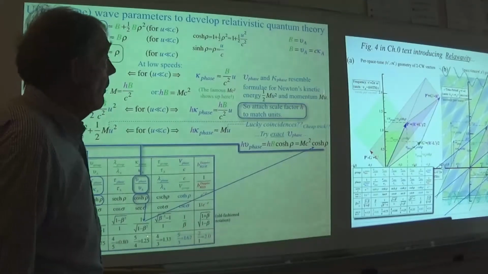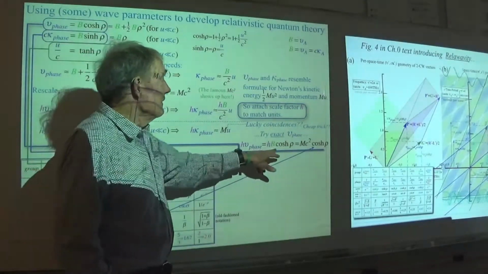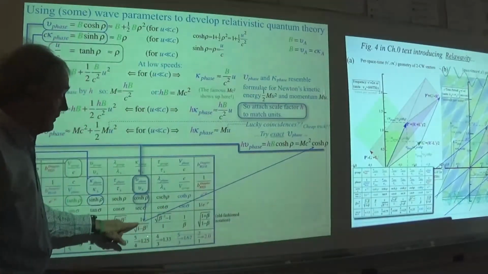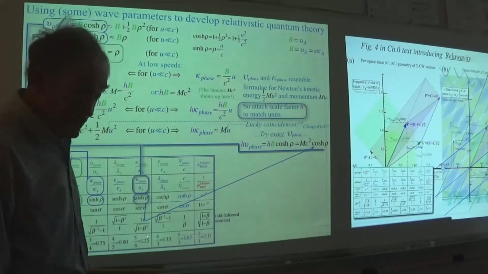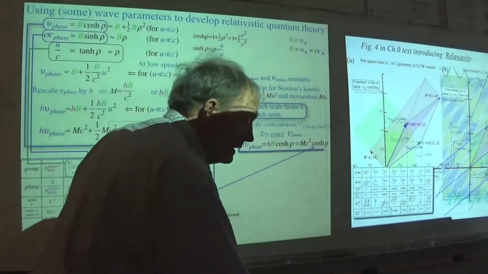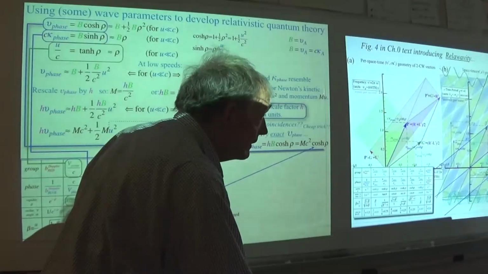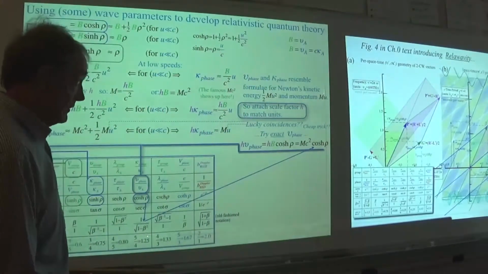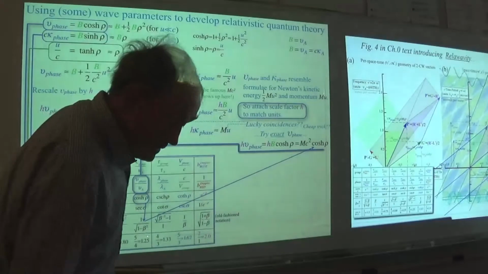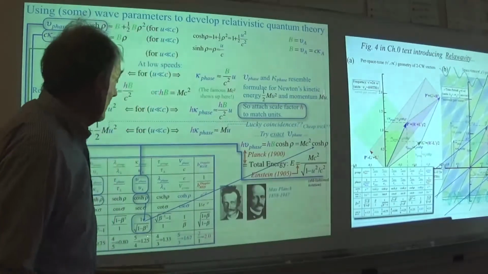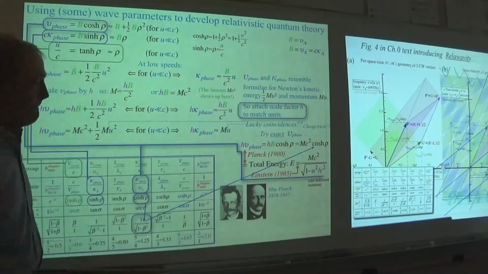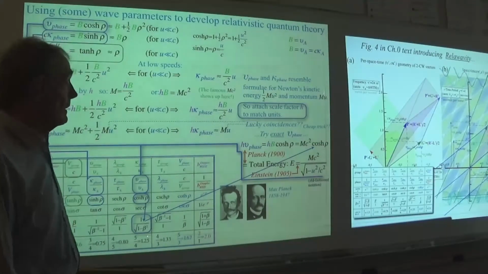Okay, so after you use the old-fashioned notation for hyperbolic cosine, this is just the very famous equation. Not quite as famous as mc squared, but it's got mc squared in it. Okay, so here we go.